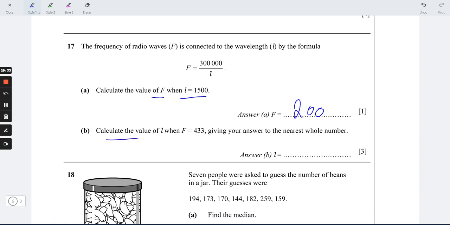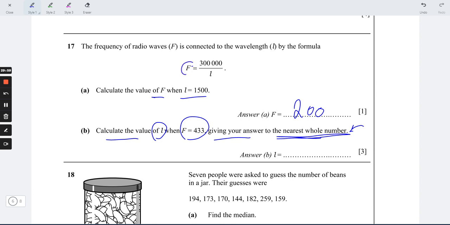Now calculate the value of L when F equals 433, giving your answer to the nearest whole number. It's important: after finding the answer, we should round it up or down depending on the value of the digit next to the target whole number.